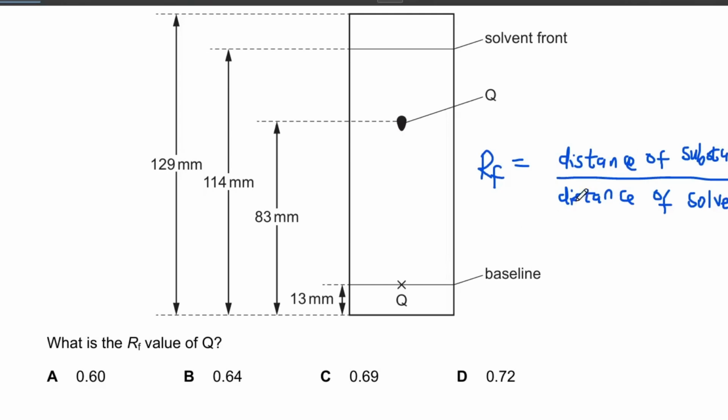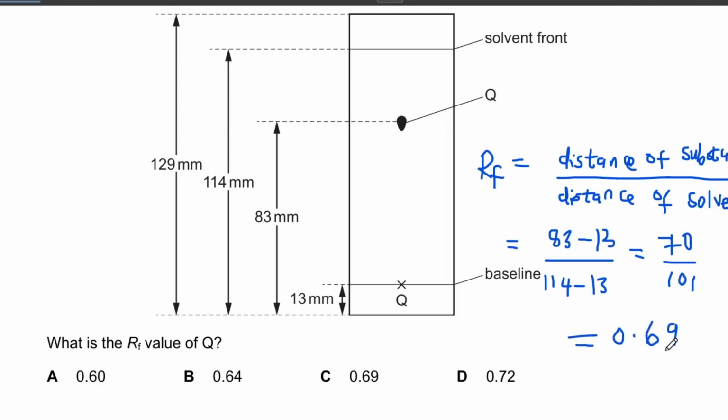So that means our distance traveled by the substance, which is Q, is going to be 83 minus 13. So our answer is going to be equal to 83 minus 13, divided by 114 minus 13. So this will give us 70 divided by 101, which is equal to 0.69. So therefore, our answer is C.